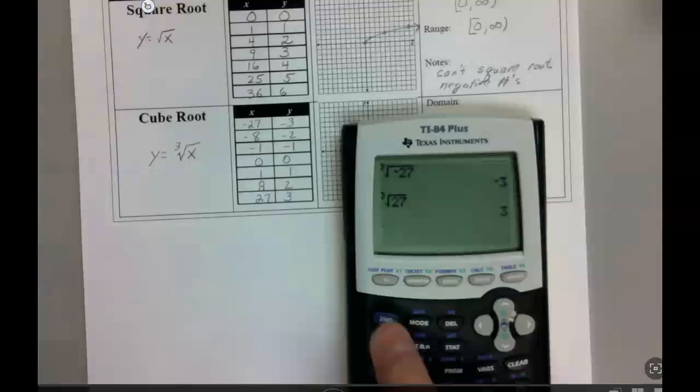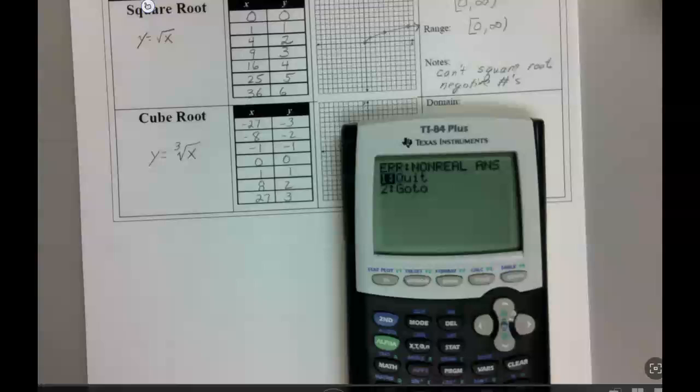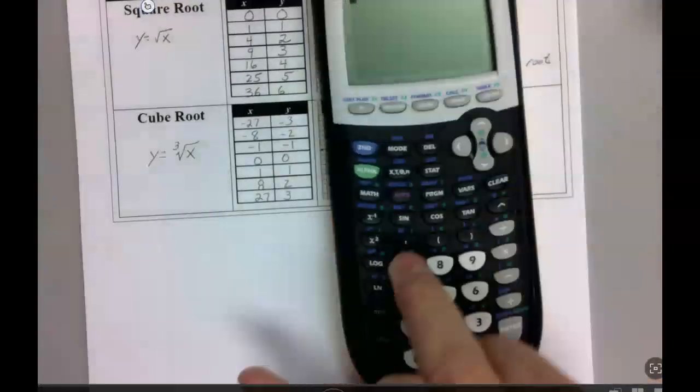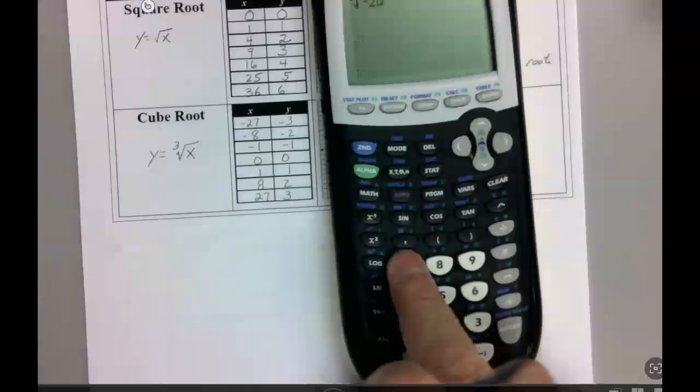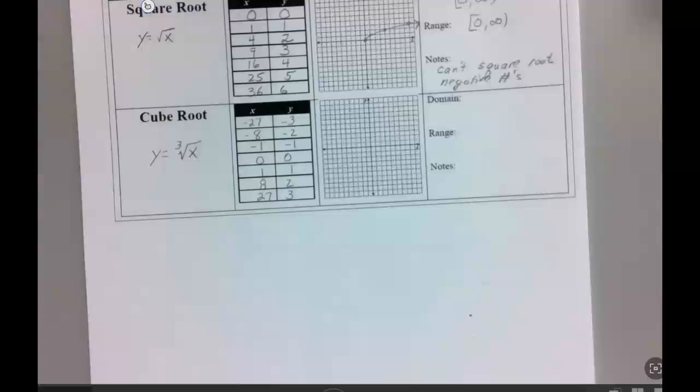If I take the square root of negative 16, look what happens. Can't do that, can I? Does everybody hear what I just said? You cannot take the square root of a negative number. Eventually, we'll do that when we get into imaginary numbers. But right now, cannot do that in a real number system. Does everybody see how to find the cubic root on your calculator? Go to math, number 4. Negative 27, hit equals, and I get negative 3.